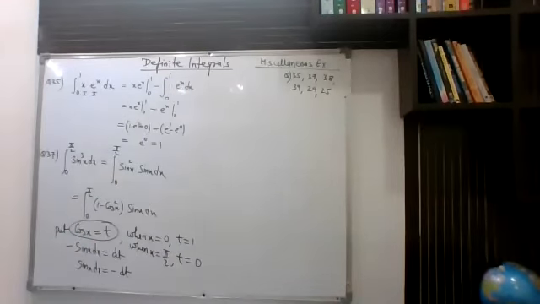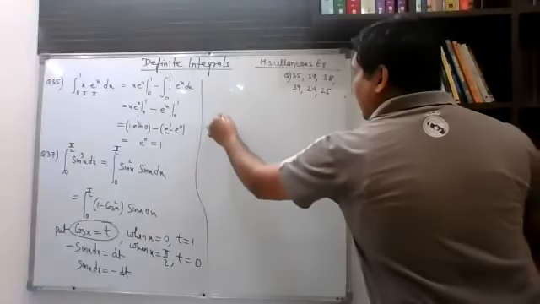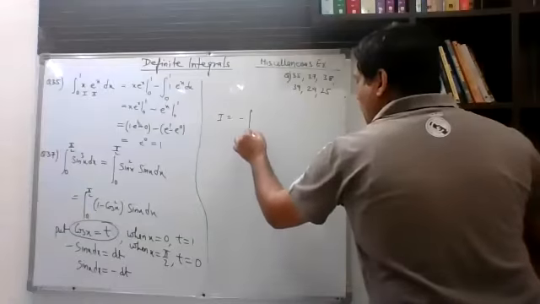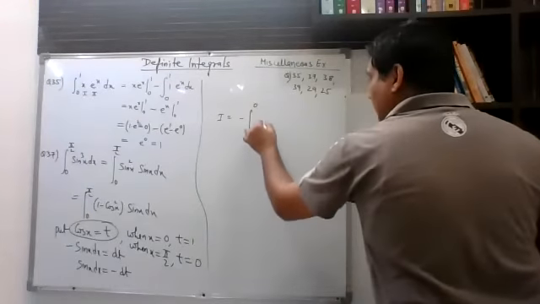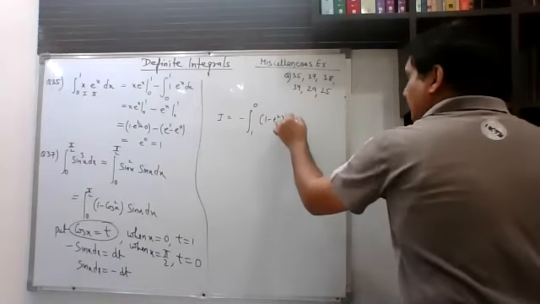Now let us convert this question totally in terms of t. So it can be written as minus the integral from 1 to 0 of 1 minus t square dt.